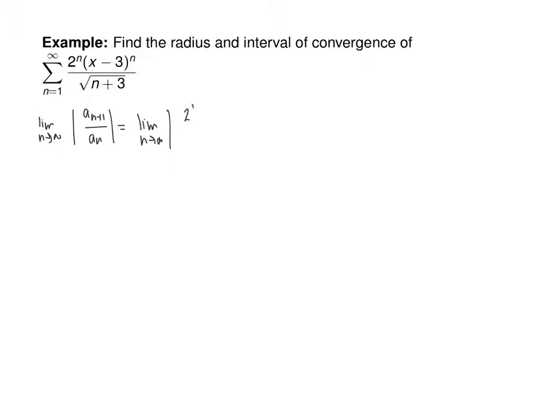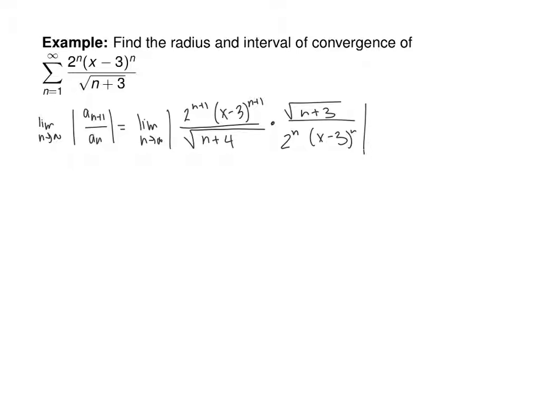So that's 2 to the n plus 1, (x minus 3) to the n plus 1 over the root of, well, we'll have n plus 1 plus 3, that's n plus 4 inside that root sign, times the root of n plus 3 over 2 to the n, (x minus 3) to the n.